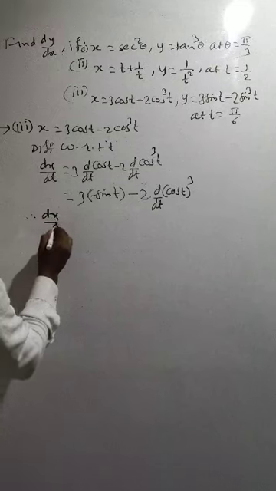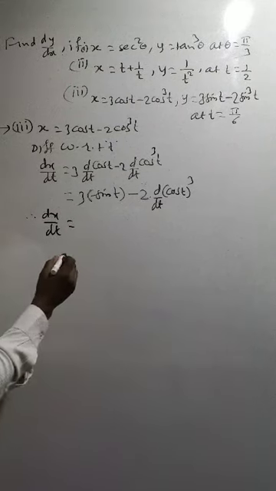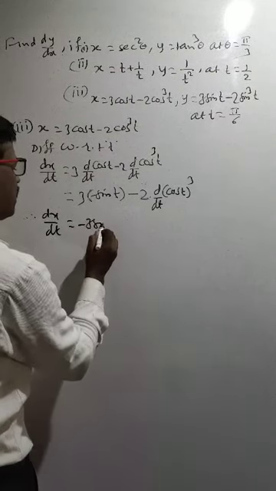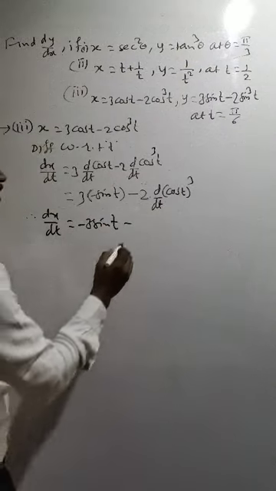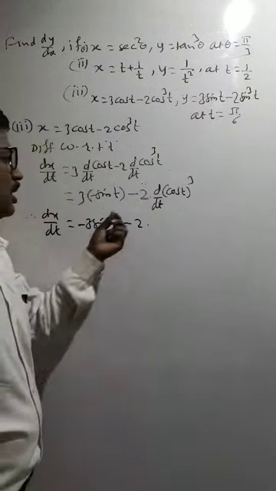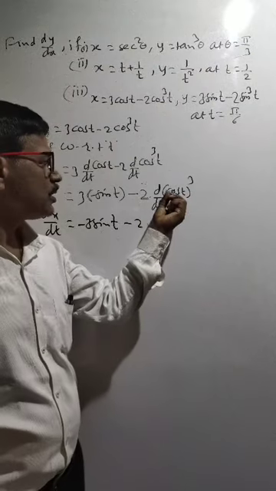Therefore dx by dt equal to minus 3 sin t minus 2 into d by dt of cos t raised to 3.